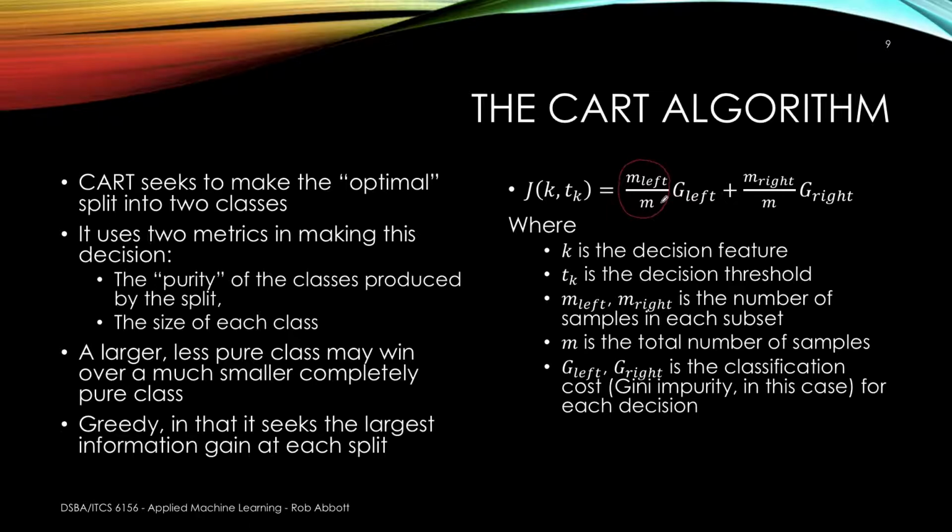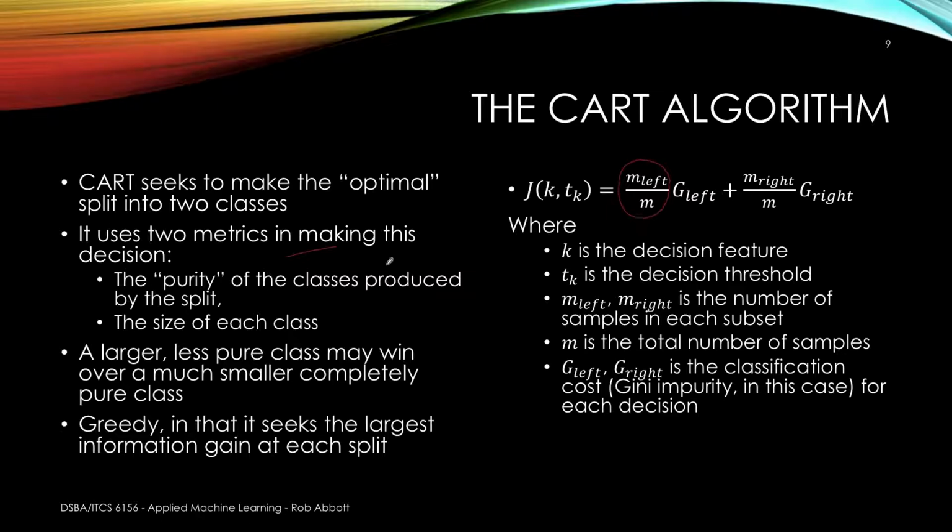So in this case, there are two metrics used in making this split decision. One is the purity of the classes produced by the split, and that's measured by our Gini impurities over here, and then the size of each class.